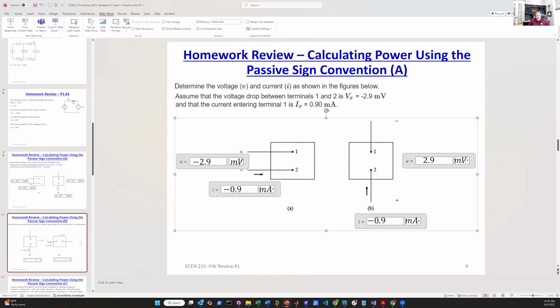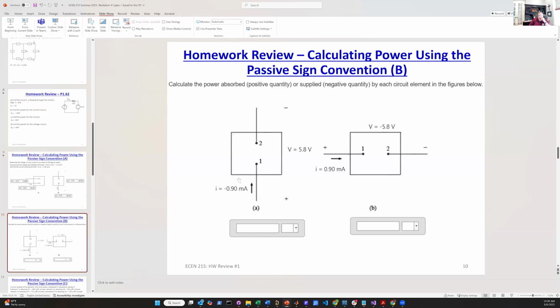All right. We're then being asked to find the power of this particular system here. And so here, this is going to be in units of milliwatts because we have milliamps times volts. So by just nature, this is going to become milliwatts. And so we have 5.8 volts, positive, negative this way. And then we have a current that is minus 0.9 milliamps coming in this terminal.